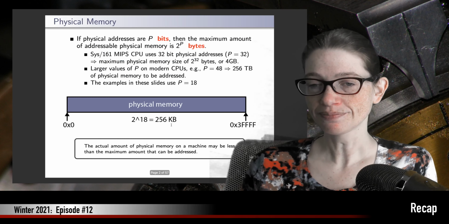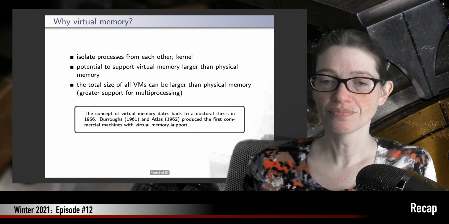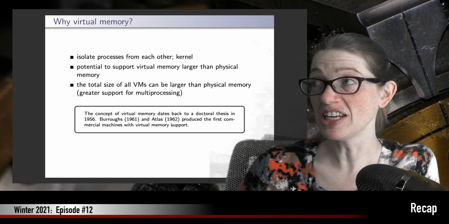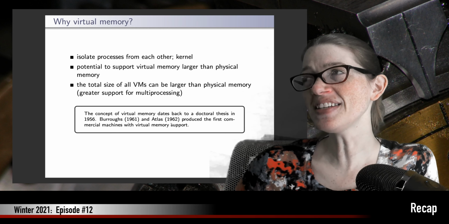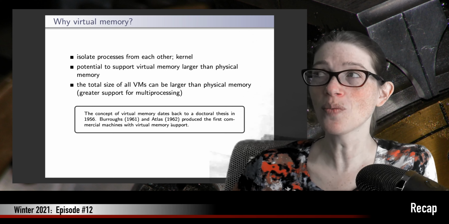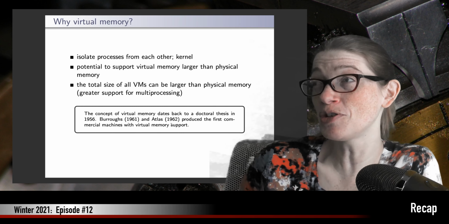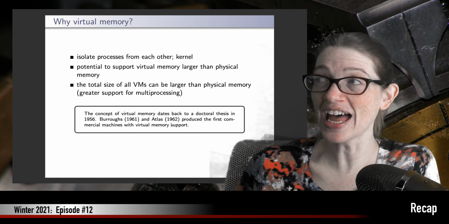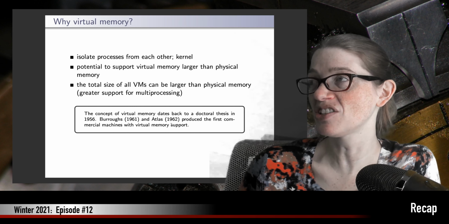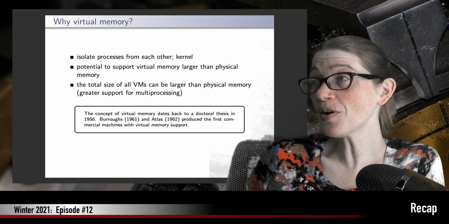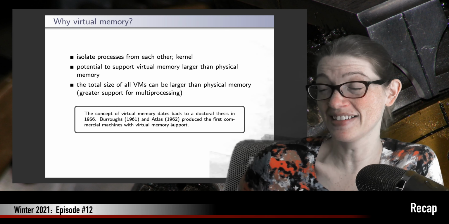One of which is that it's going to isolate the processes from each other. Because if a process is using the real addresses on a system, then by virtue of knowing where you live in memory, you know where you don't live. And if you know where you don't live, then you can start playing with those addresses that don't belong to you and potentially get secure or important data from other processes that we probably shouldn't be accessing.